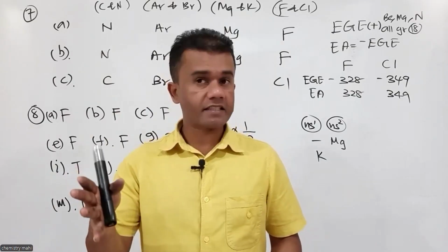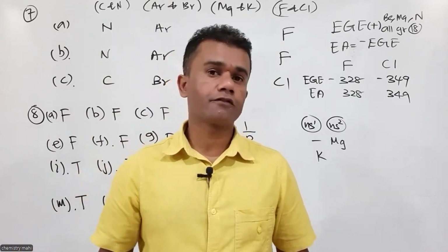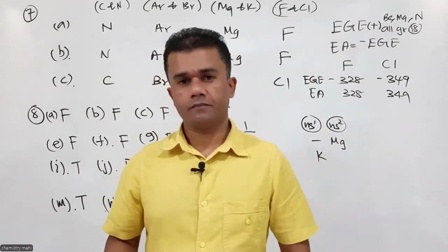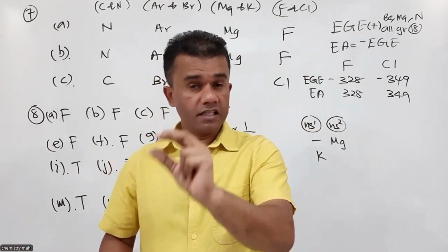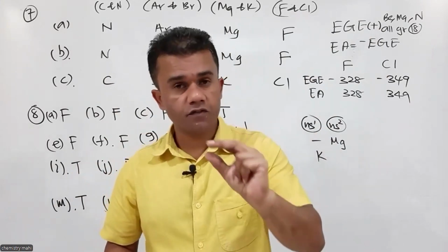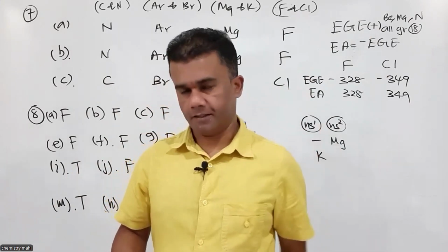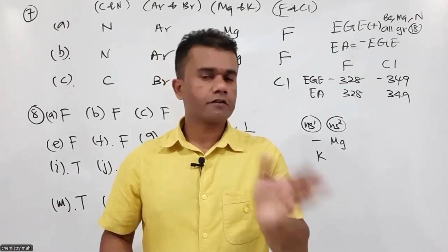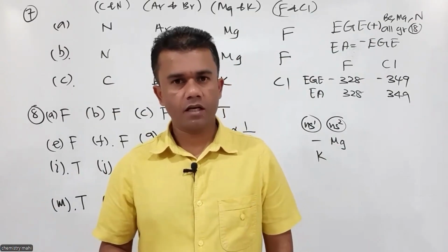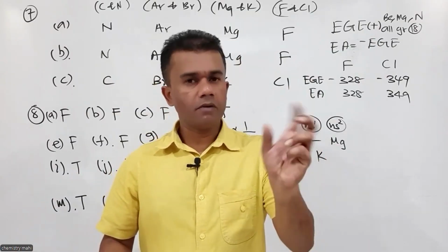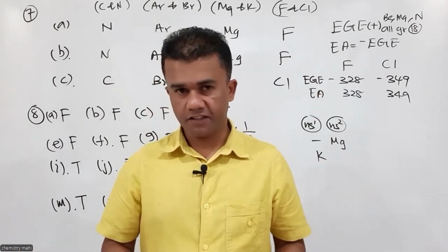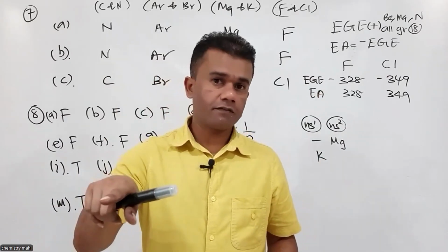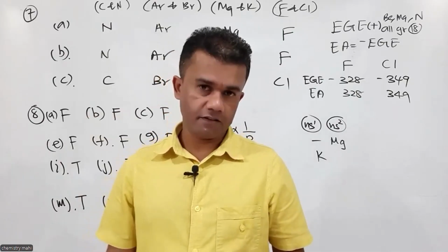In the case of electron gain energy, we put minus values as the greater one. If someone says minus 50 and plus 50, in electron gain energy, we identify minus 50 as the higher electron gain energy. So in the case of electron affinity, it should be the same order. I mean, minus 50 becomes plus 50 in the case of electron affinities. Plus 50 becomes minus 50.